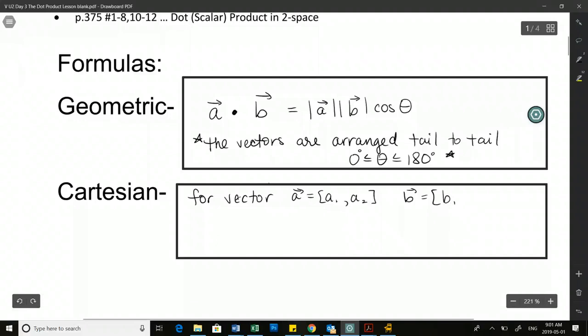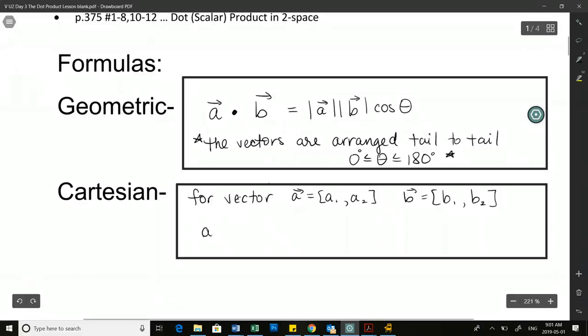But this is the standard notation. Essentially, what I want to see when I'm doing the dot product is the components of the vectors that are working together. So how the x components are working together and how the y components are working together. And again, I don't get a vector from this. I actually get a scalar. It's kind of like the percentage of how these vectors are working together.